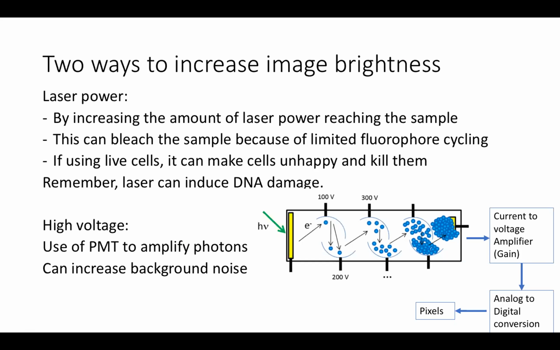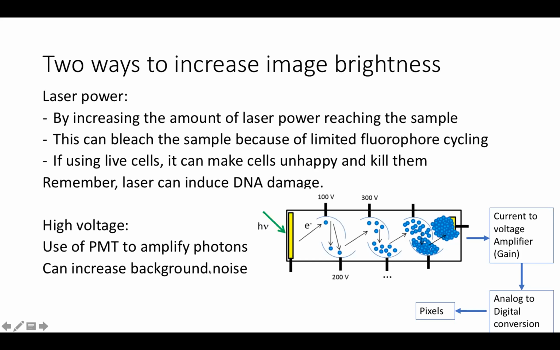When we were talking about epifluorescence, we were talking about reducing the amount of excitation light which was coming to make sure your sample is not getting bleached, and second is increasing the exposure of the camera, right, which is how long the camera shutter is going to be open to collect all the light.